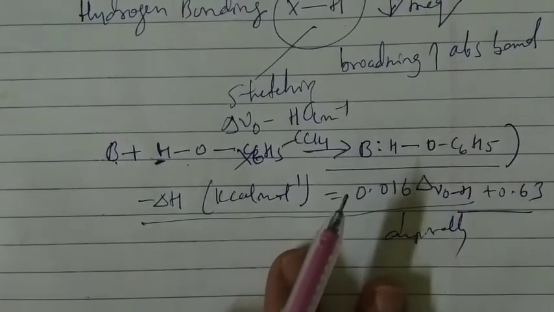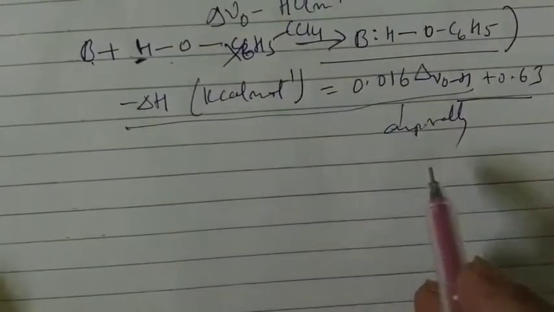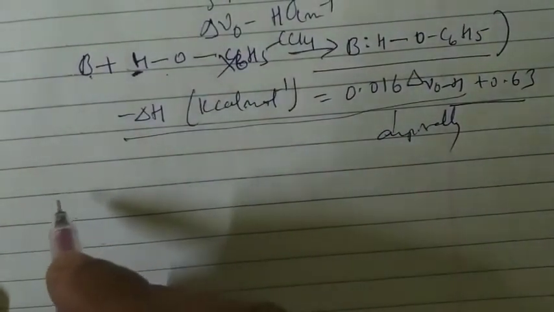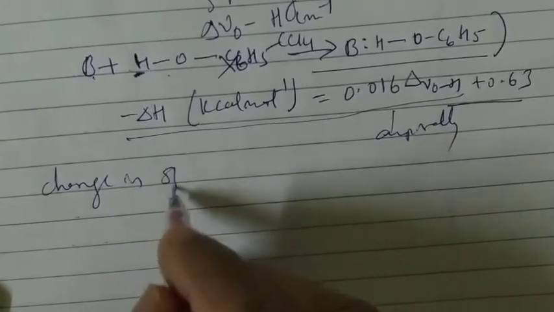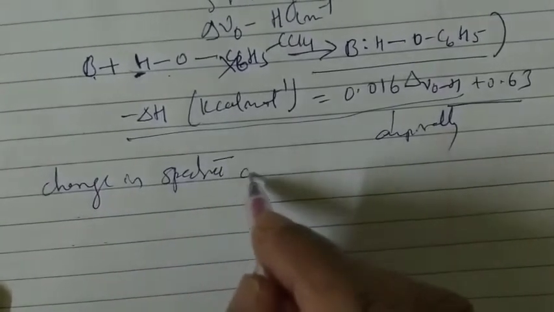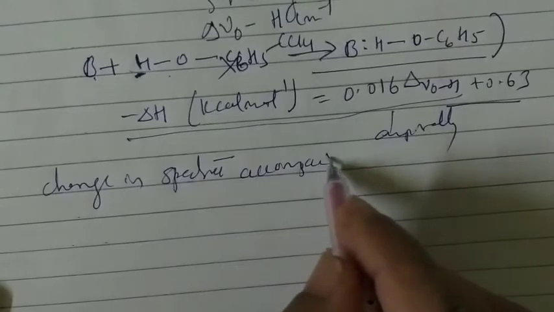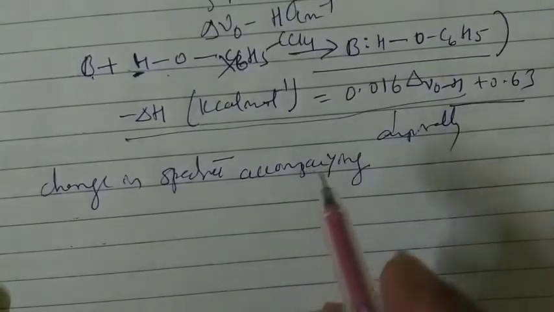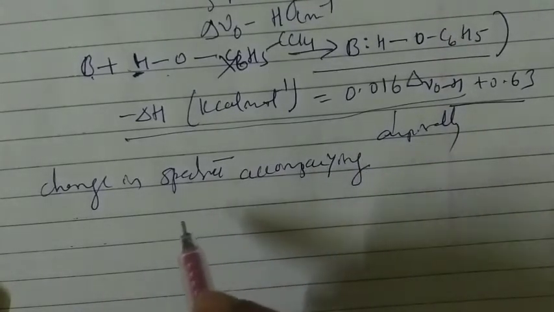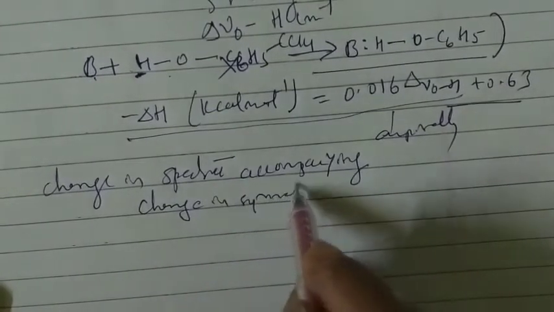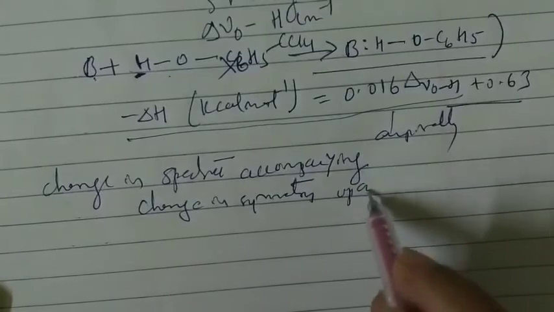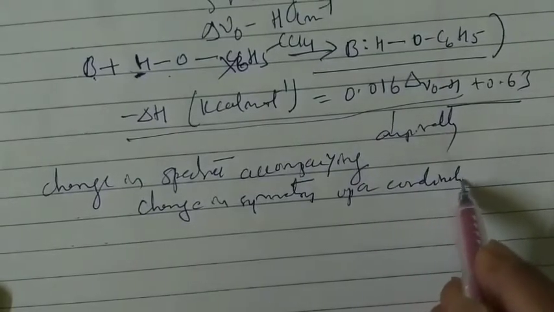And the last concept before going to the instrumentation of FTIR is the change in spectra accompanying change in symmetry upon coordination, which is there in your syllabus. We have seen a few in the previous videos.